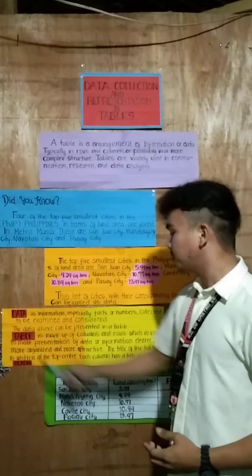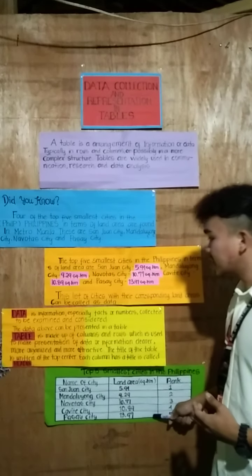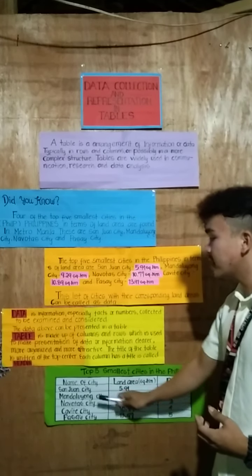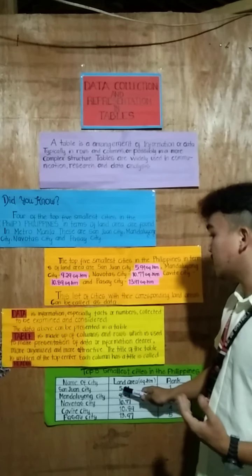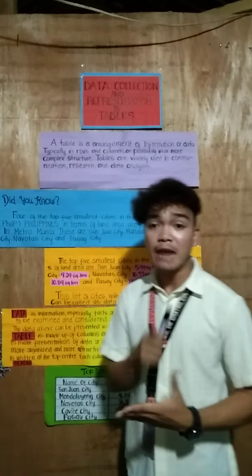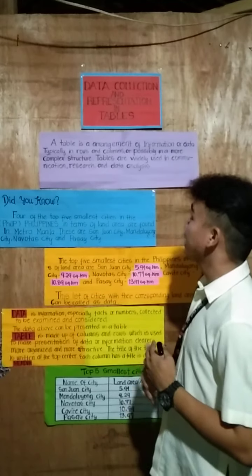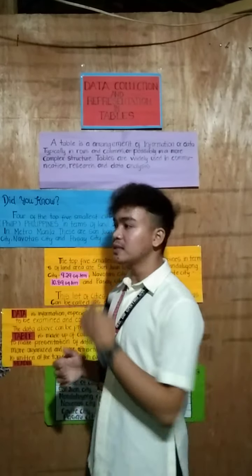Next, a table. It is made of columns and rows. Here is considered a table, which is used to make the presentation of data or information clearer, more organized, and more attractive. Since we know the parts of data collection and representation in tables, we can easily do research or data analysis, because we know how to put information in tables.